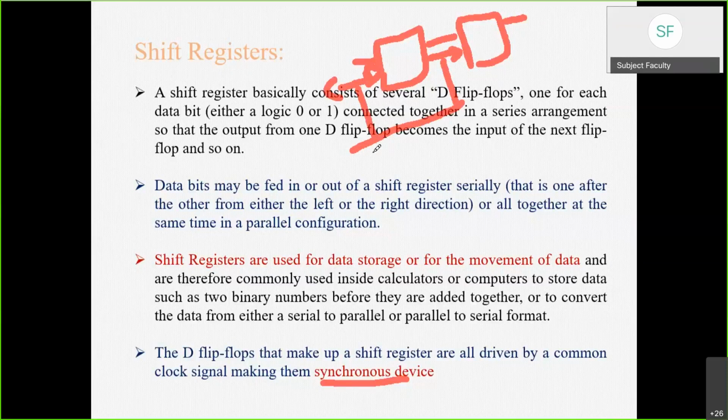That means you are applying the clock signal simultaneously to all the flip-flops. Okay. So in a shift register, suppose there are 4 flip-flops, you will observe that for all 4 flip-flops, the clock will be given simultaneously. So that's why it is called a synchronous device.